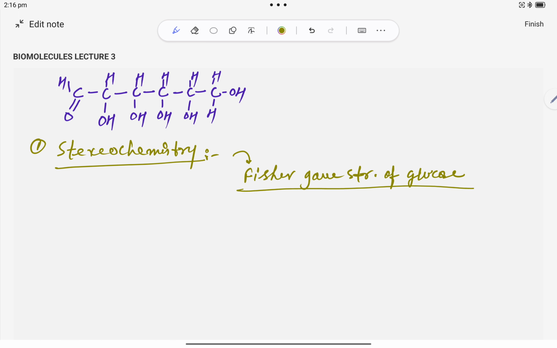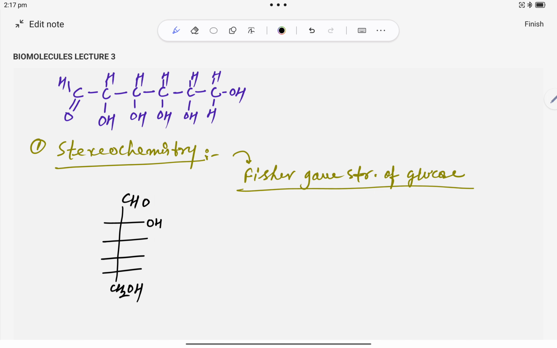So according to the Fischer projection, we are having CHO at the top and CH2OH in the last carbon, carbon number 1, 2, 3, 4, 5.